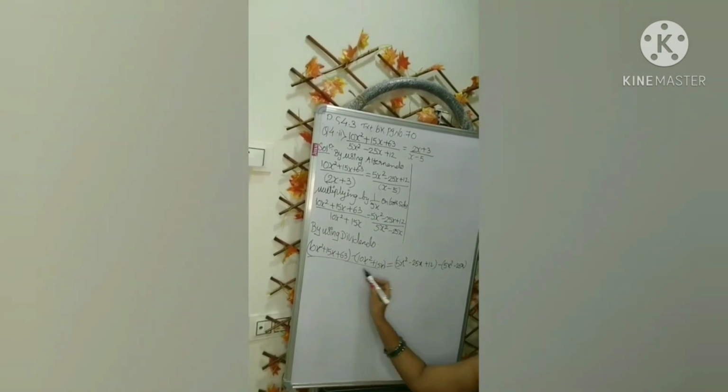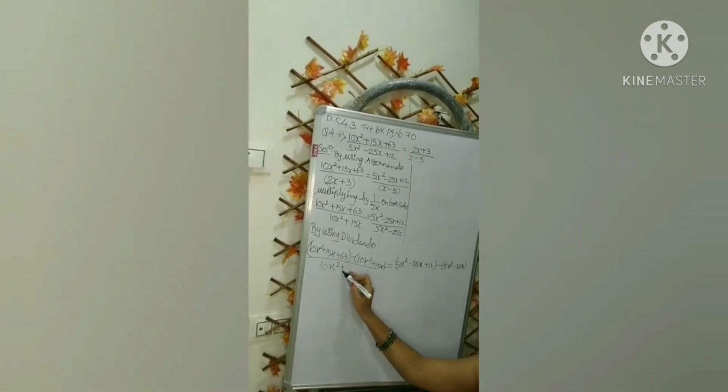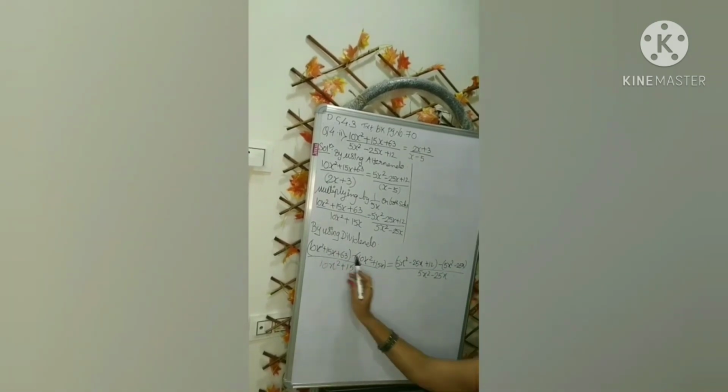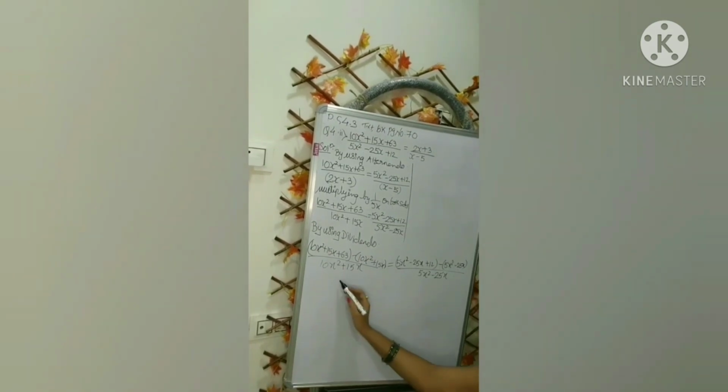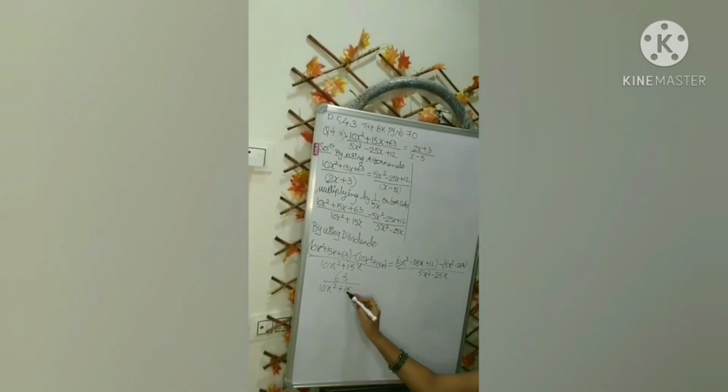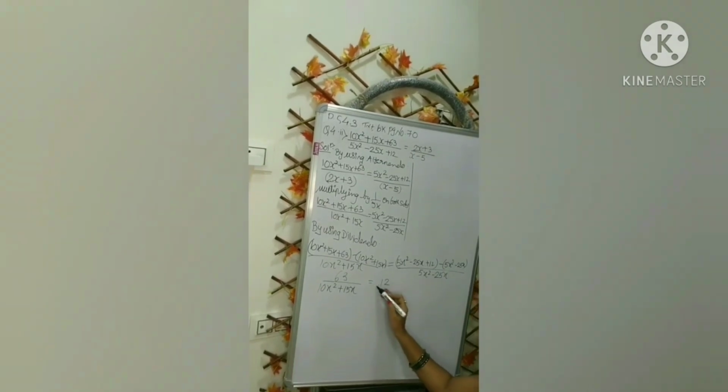Here you write down the denominator 10x square plus 15x. Here also you write down the denominator 5x square minus 25x. So after taking the like terms together, 10x square will get cancelled, 15x will get cancelled. All I am left with is 63 upon 10x square plus 15x, and here I will be left with, after cancelling everything, 12 upon 5x square minus 25x.